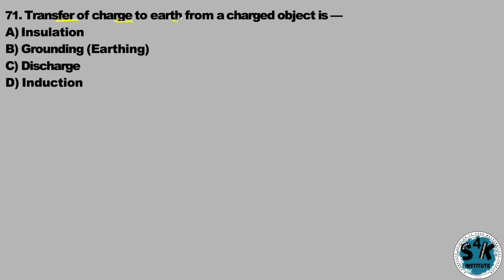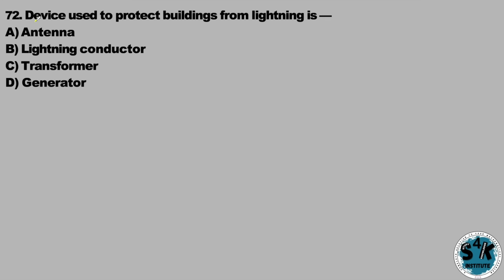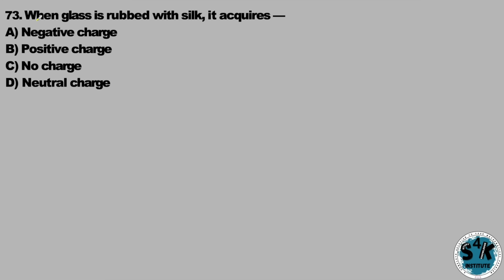Transfer of charge to earth from a charged object is called grounding or earthing. The extra charge we transfer to the zero potential, which is the earth. The device used to protect a building from lightning is a lightning conductor, option B. When a glass is rubbed with silk, it acquires positive charge.